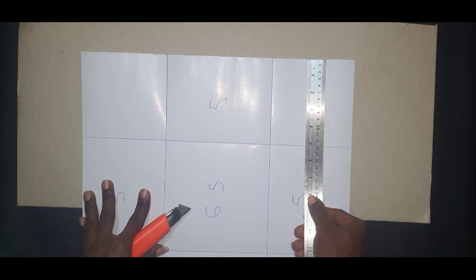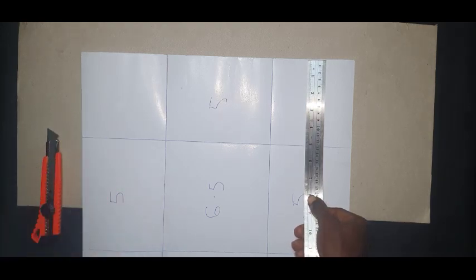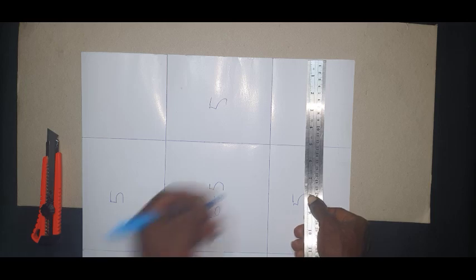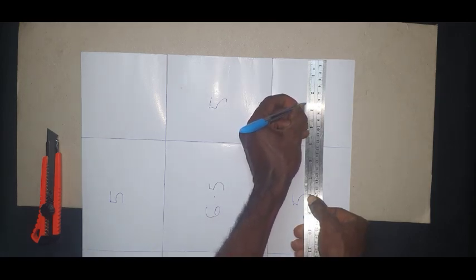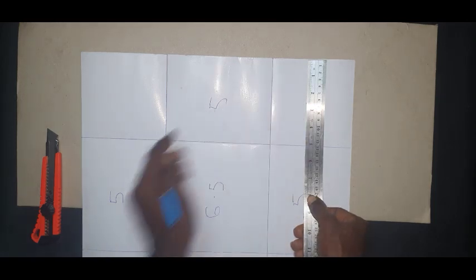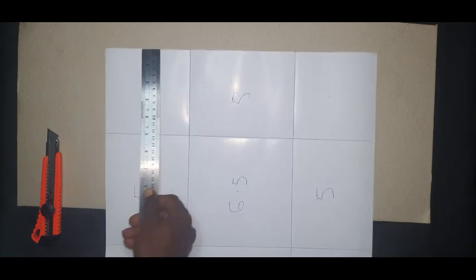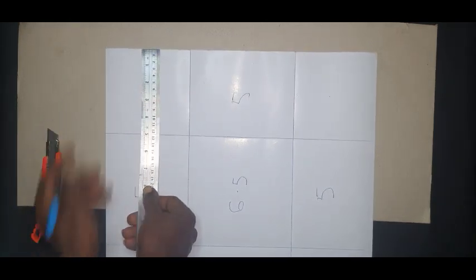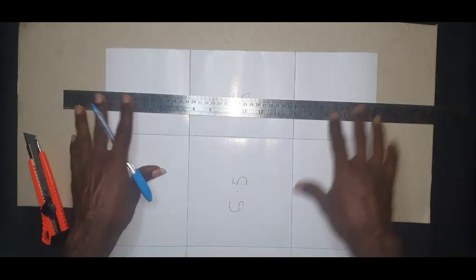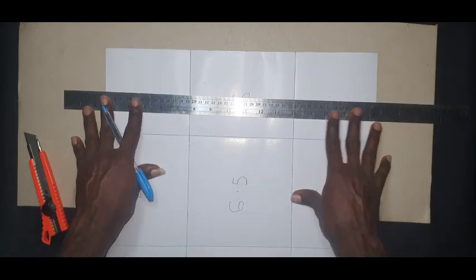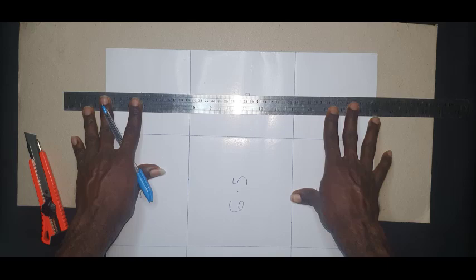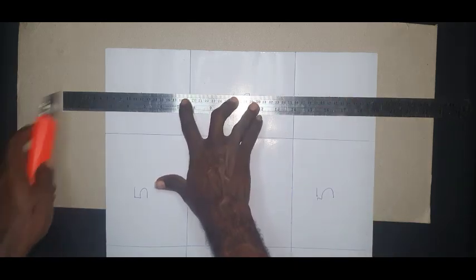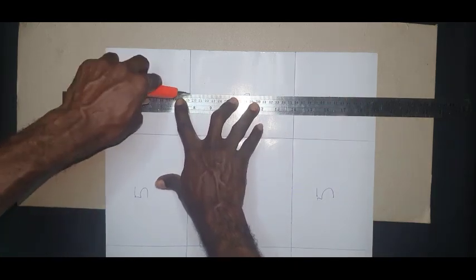So let's do that. Measure out 2 inches or 2.5 inches. 2.5. Join the dots together and cut out.